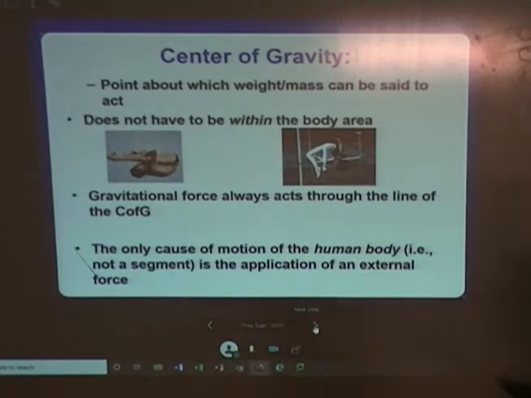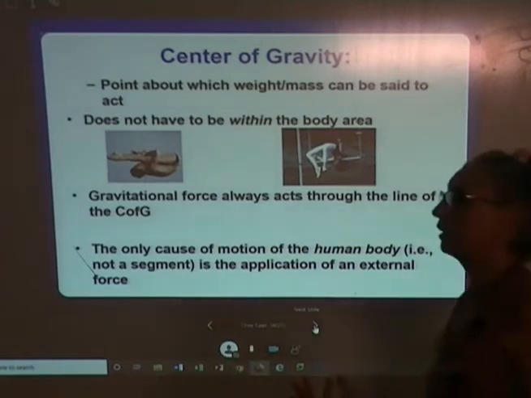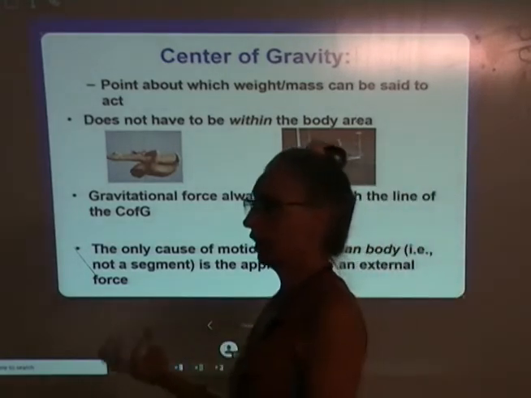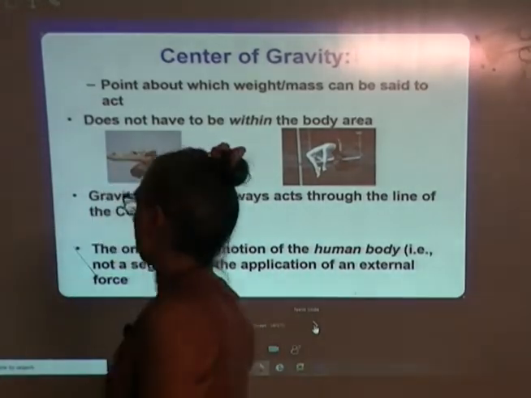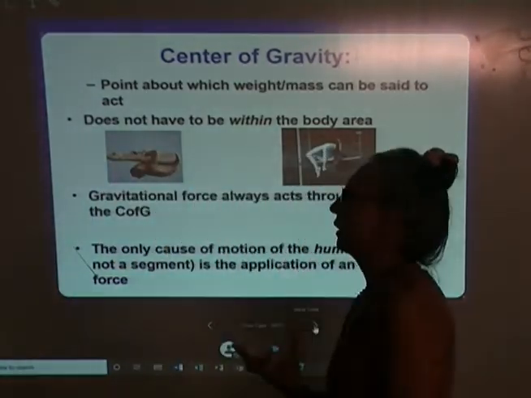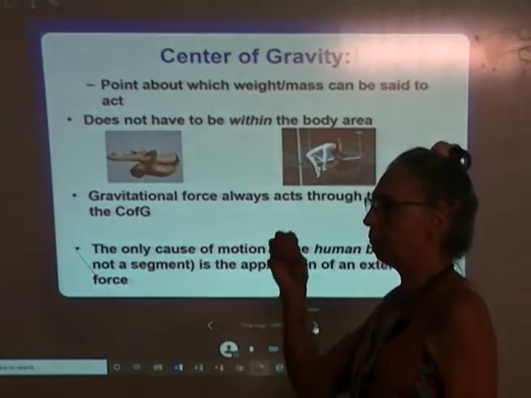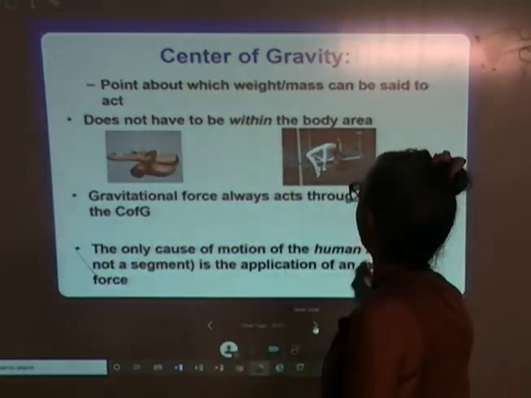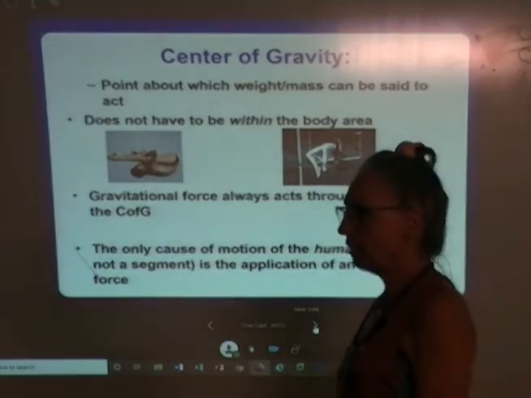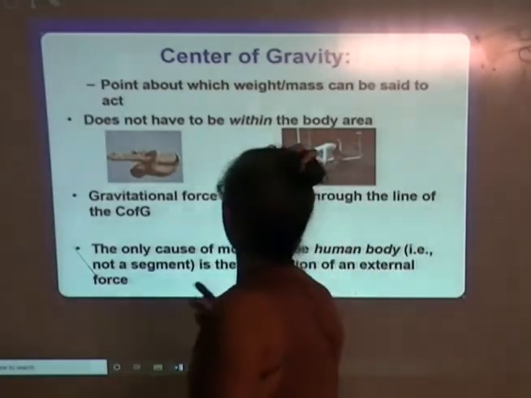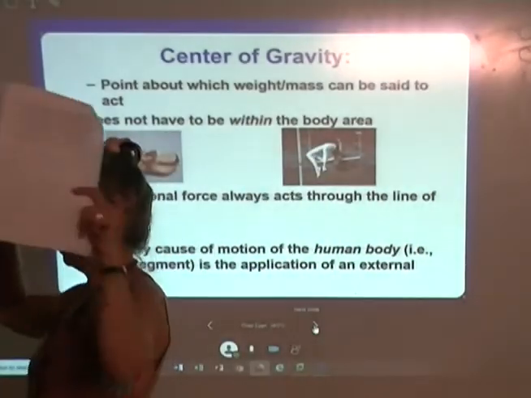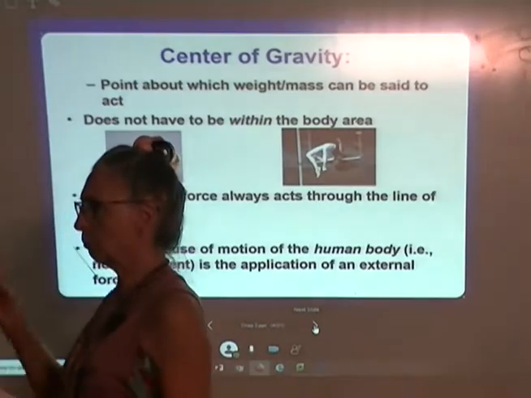So when we are working with motor skills, we have to understand the concept of the center of gravity. It's not real per se, it's a mathematical concept. The center of gravity is the point about which we can say the mass of the person moves.